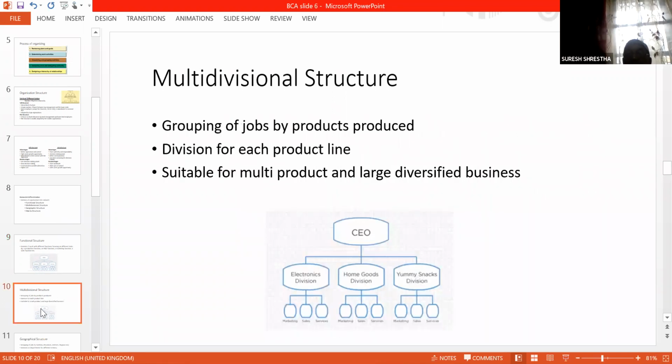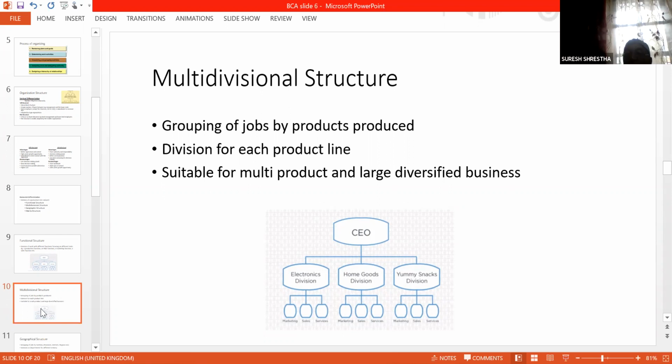Whereas if you have this multi-divisional structure, पहिला चाहिँ नि अर्गनाइजेसन लाई चाहिँ डिभिजन को बेसिसमा पहिला छुट्याउँछ. योले चाहिँ इलेक्ट्रोनिक्स हेर्ने, यसले चाहिँ नि होम गुड्स हेर्ने, यसले स्नैक्स हेर्ने भनेर पहिला you departmentalize that. डिभिजनल स्ट्रक्चर मा जाने पहिला. अनि त्यो इलेक्ट्रोनिक्स को सेपरेट मार्केटिङ, त्यही इलेक्ट्रोनिक्स मात्रै हेर्ने सेल्स, त्यही इलेक्ट्रोनिक्स मात्रै हेर्ने service team huncha.